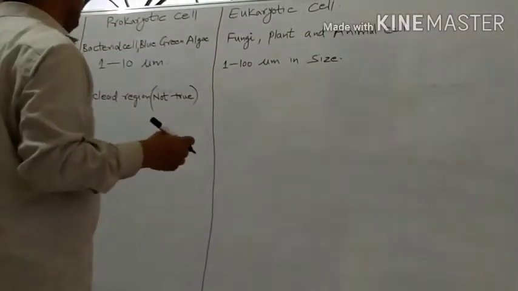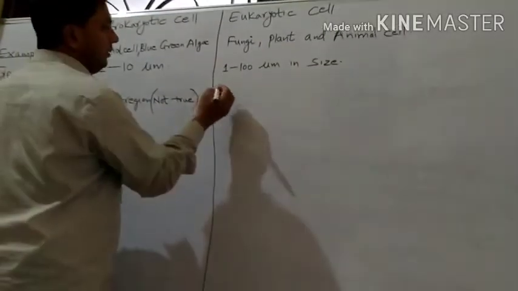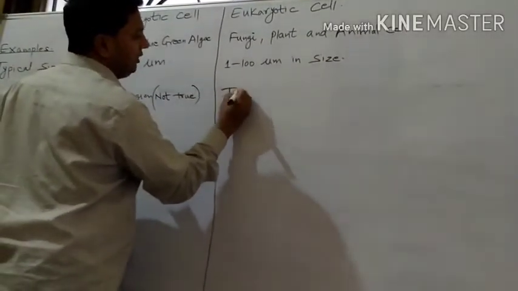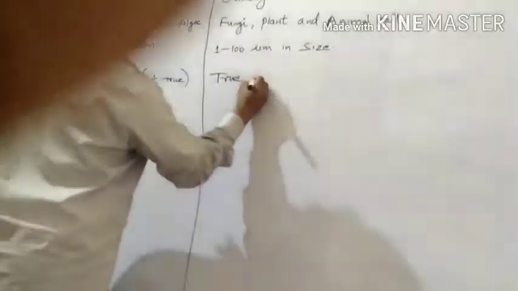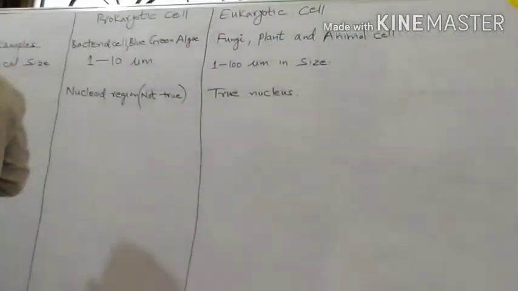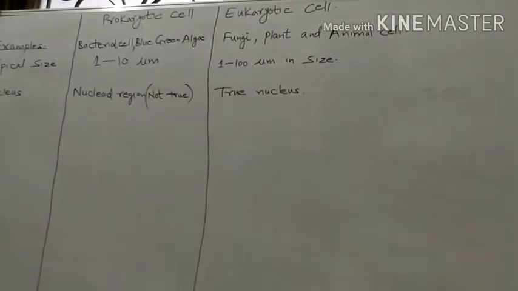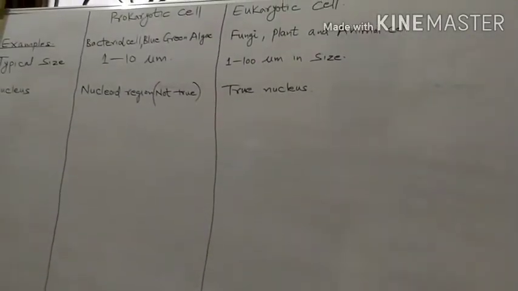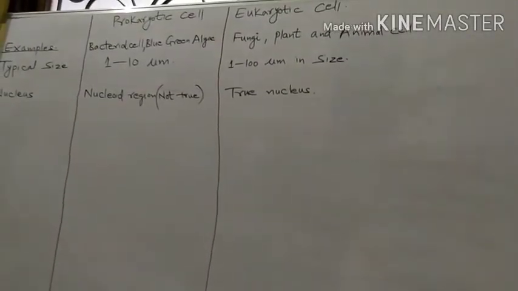Nucleoid region, which is not true. Here a true nucleus is present. True nucleus. The three points we have already discussed: example, typical size, nucleus. Now we will talk about DNA.